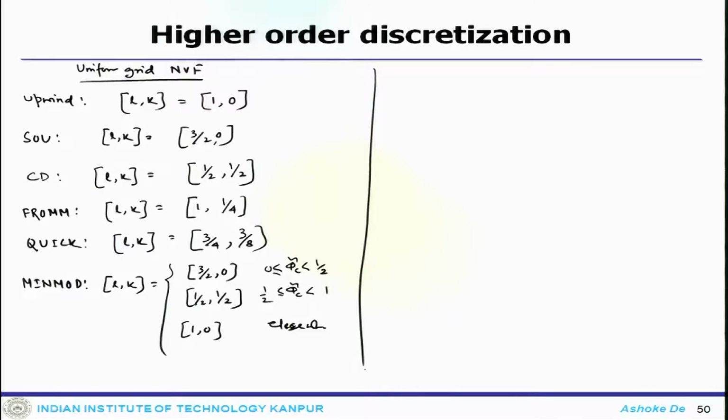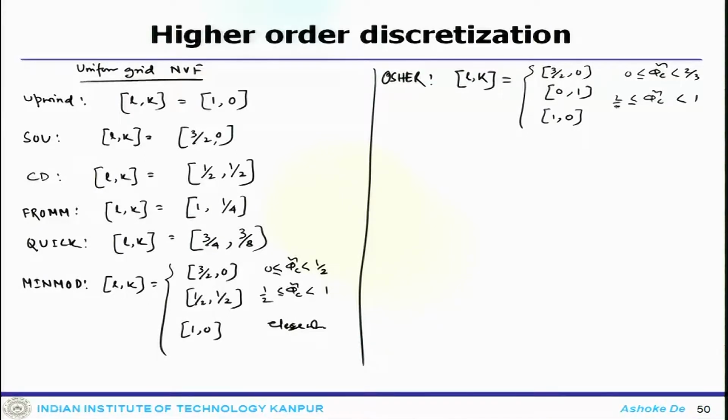Similarly for the Gamma scheme, the L and k values will again have 3 segments: 3/2 and 0, 0 and 1, and 1 and 0. Here phi c tilde goes between 0 and 2/3, then 2/3 to 1, and elsewhere.